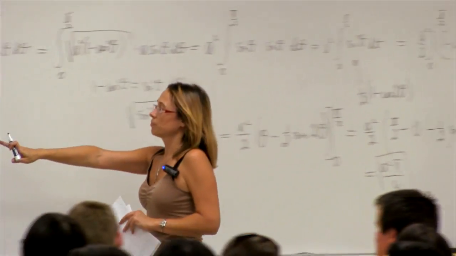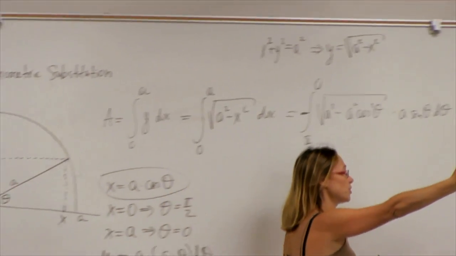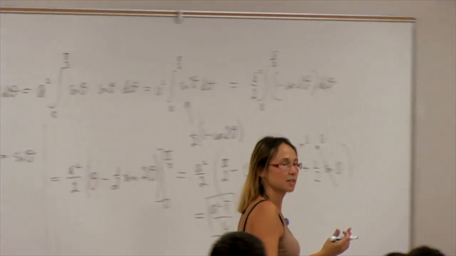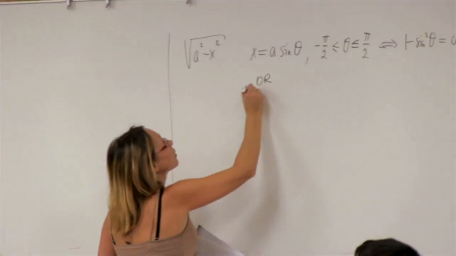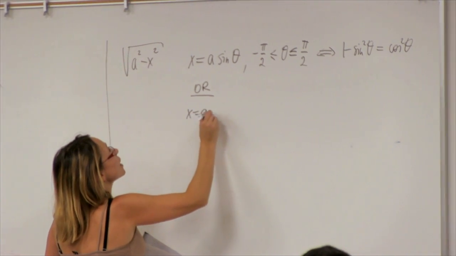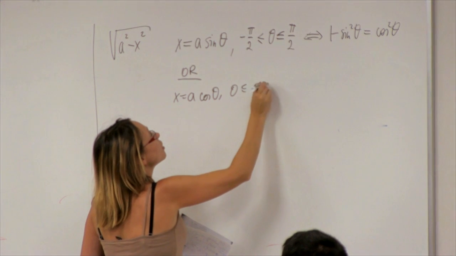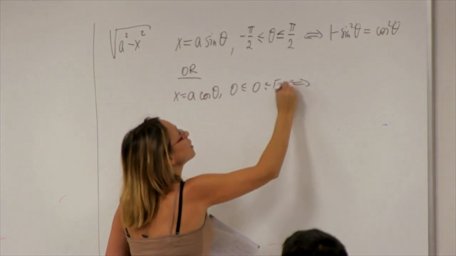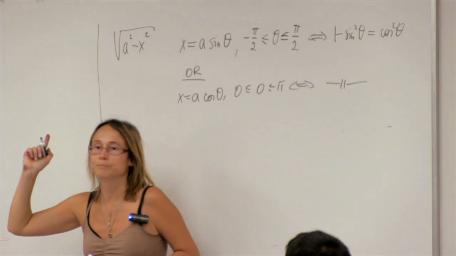This is my own example, and it's motivated by the geometry. Okay, so that's why I did it. In the book, they suggest this choice, but it really doesn't matter. You can use either. So here we can say, or, okay, x equals a cosine theta from 0 to pi, and we use the same identity. Okay, either one will work.